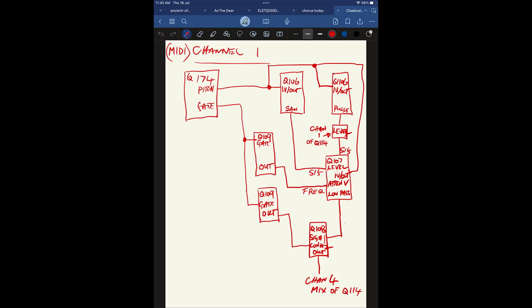The oscillator producing the sawtooth signal is going into the level input. One of the inputs on the Q107 has a level control, and it's going in there, and we're using the pulse one, the Q106, that's feeding in to the mixer that we have.